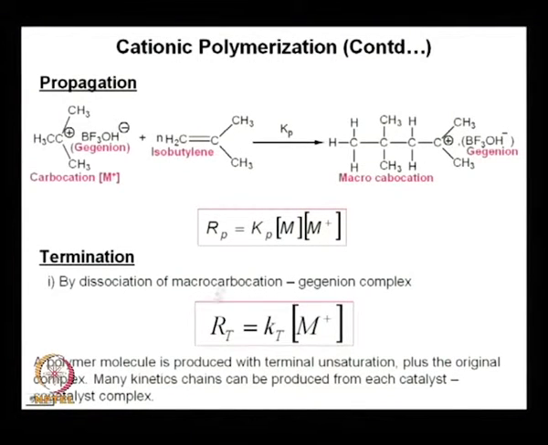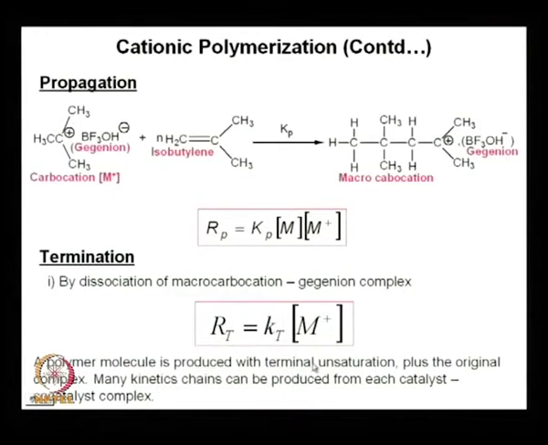For this kind of transfer reaction, some activation energy is required for transfer to monomer or to polymer. If that activation energy is not available to this growing cationic center, then what can happen?